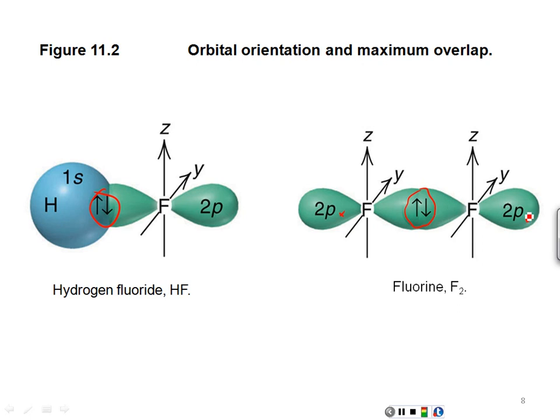So the px orbitals can overlap with one another, but if you notice the pz orbital or the py orbital, they're not going to be able to overlap with the px orbital to form a bond. And that, again, is one of the stipulations. The orbitals have to be the correct shape, and they have to be in the correct orientation to overlap with one another.